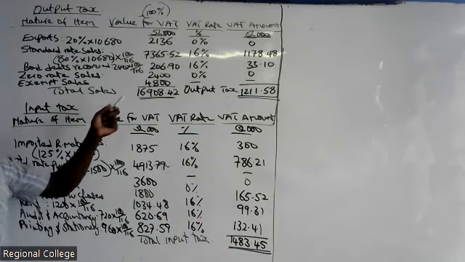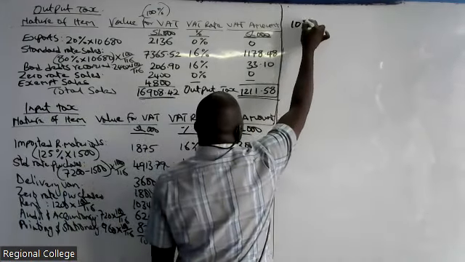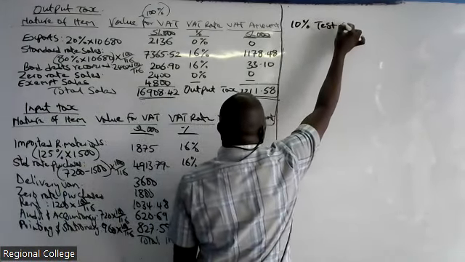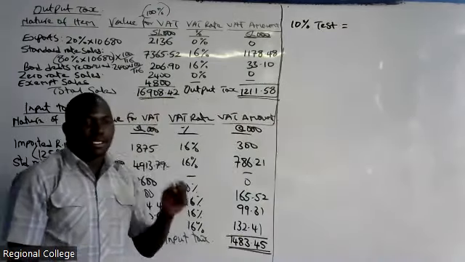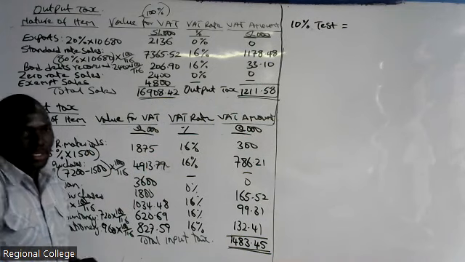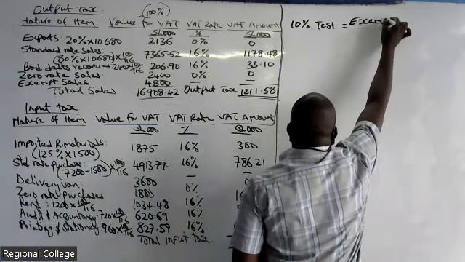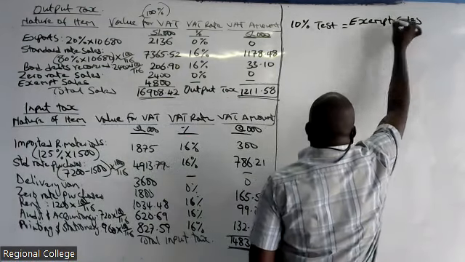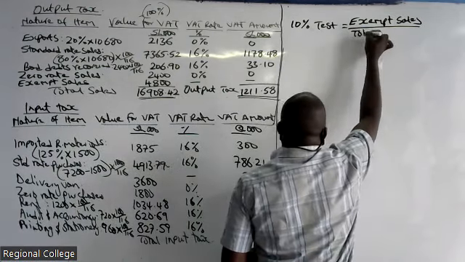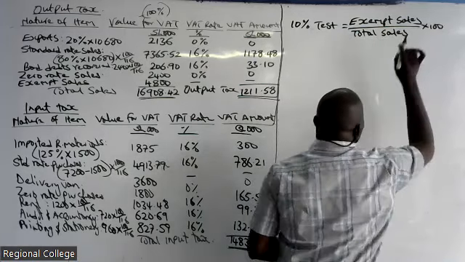So example for non-exempt sales, we come back and talk about the 10% test. And how do we deal with the 10% test? We ask ourselves, what percentage is our exempt sales out of the total? So 10%, if we take exempt sales divided by the total sales times 100.